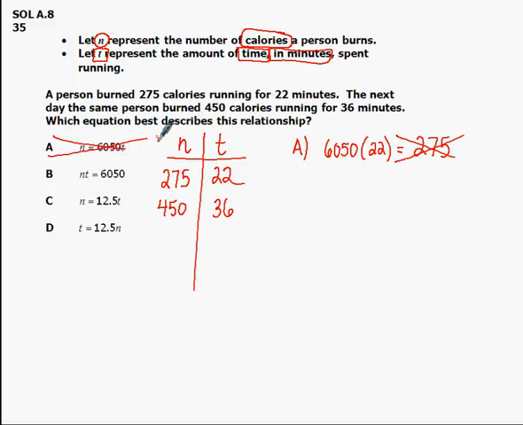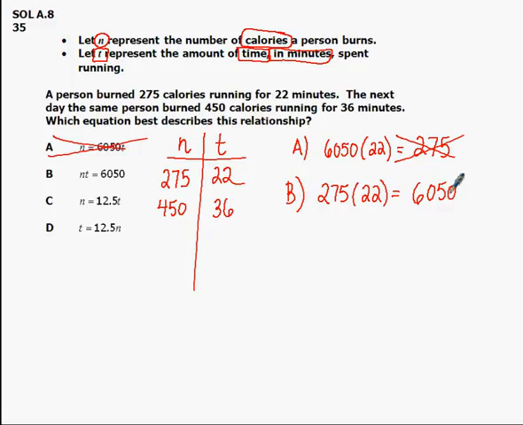B says that if I take an N value, like 275, and I multiply by T, I should get 6,050 every single time. So I'm going to take my N value of 275, I'm going to multiply by 22, and see what I get. And I actually do get 6,050.